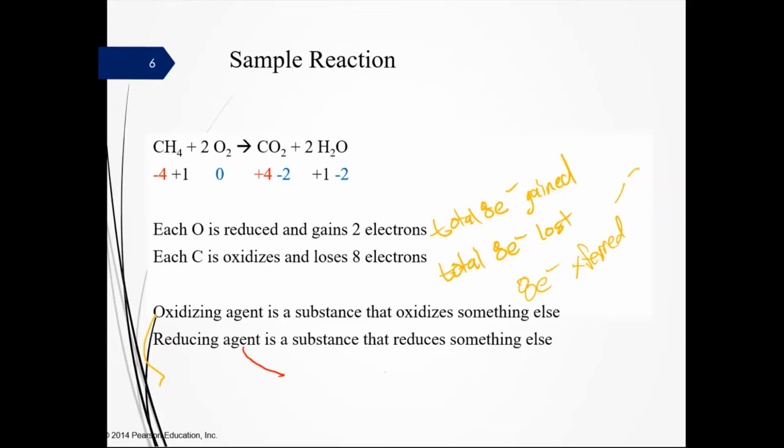So our oxidizing agent causes something else to oxidize. So that means that it's our oxygen that's the oxidizing agent, which I should have called earlier because that's exactly how it got its name as oxidizing. And our reducing agent is going to be the CH4 because it causes the oxygen to reduce. So the agent part makes them flipped. It goes in the opposite direction than what we had before.